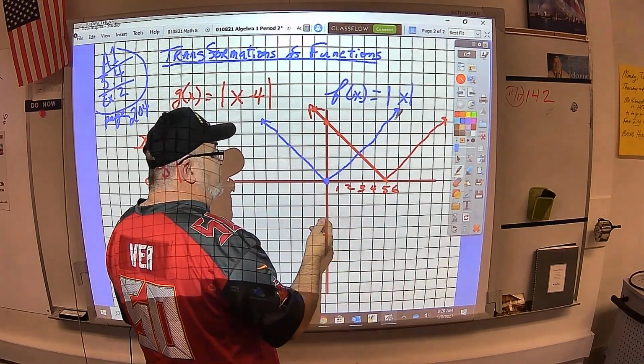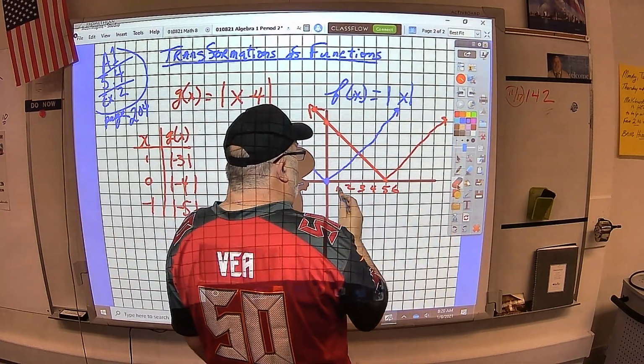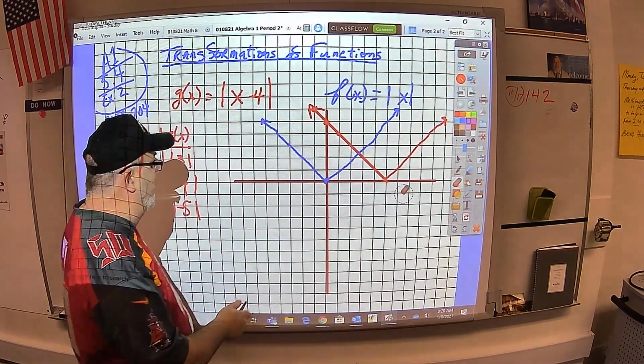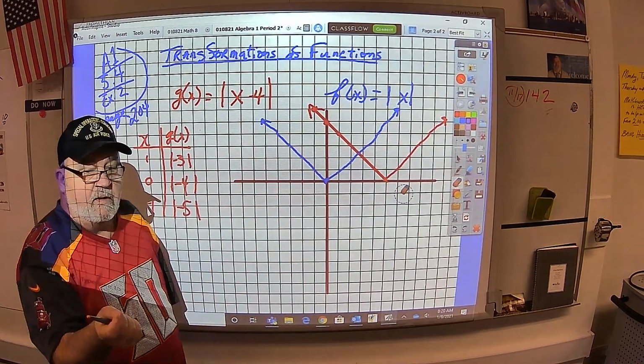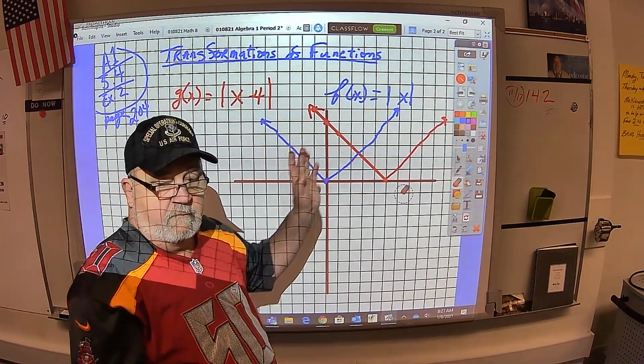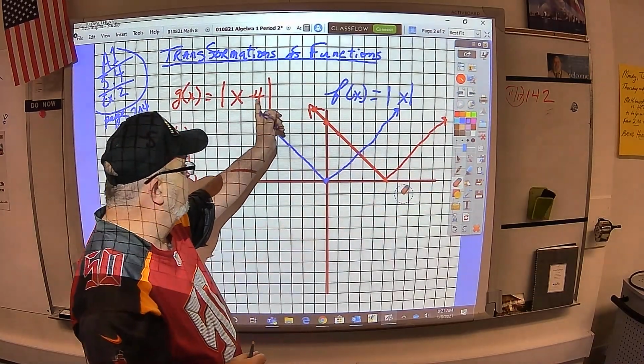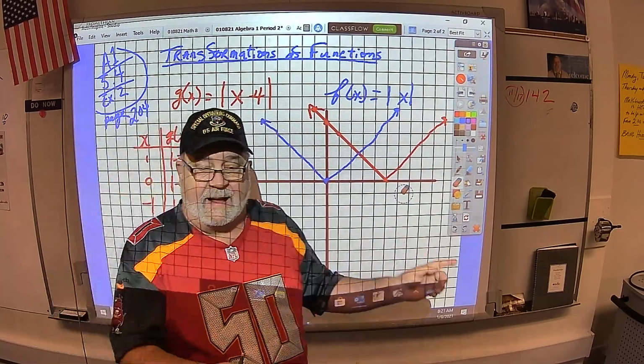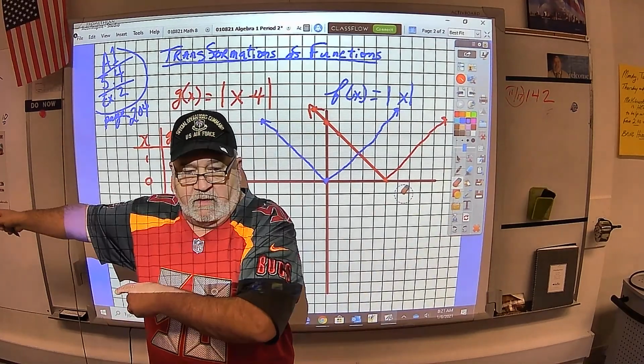So we just moved everything from one place to the other based on this. The thing to remember here is that it's going to move 4 that way when it's negative. So if it were positive 4, it would move the other way.